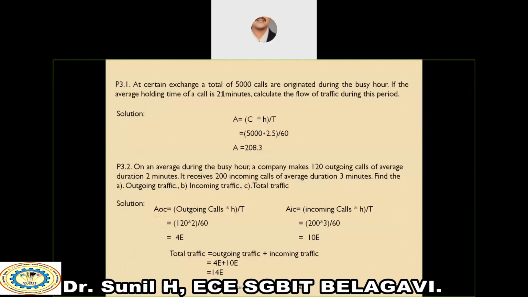When they come across incoming calls, at that time traffic, in terms of incoming calls, is equal to incoming calls into holding time divided by T, where incoming calls are 200 into average of 3 minutes, that is into 3 divided by 60, which is equal to 10 erlangs. So if I want the total traffic including outgoing as well as incoming, at that time you can add both traffic related to outgoing calls and incoming calls, that is 14 erlangs.